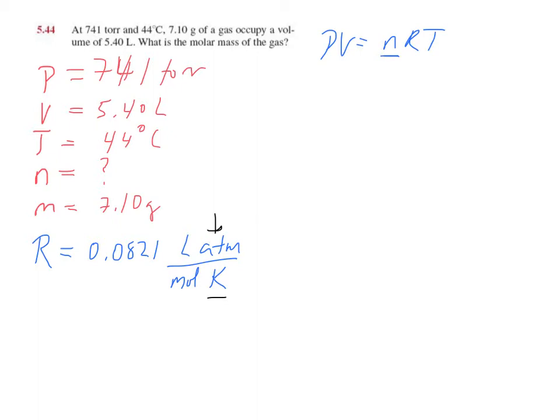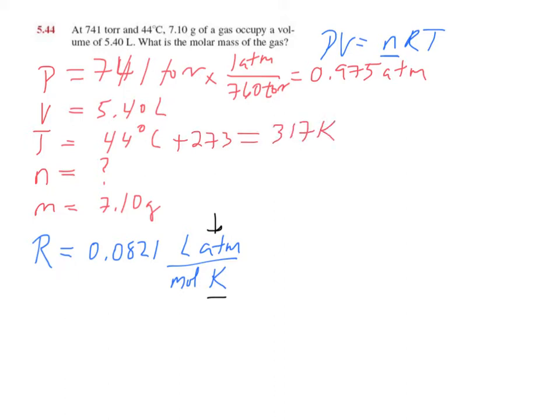So 741 torr, well, remember a torr is just the same as a millimeter of mercury, so 1 atmosphere is 760 torr, and this gives us a value for the pressure of 0.975 atmospheres. And for our temperature, 44 degrees C, we're going to add 273 to get to Kelvin, and that gives us 317 Kelvin.